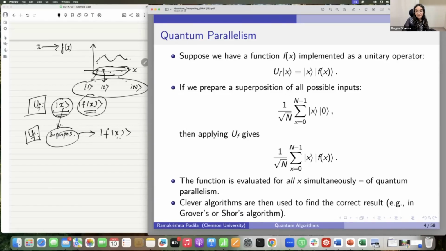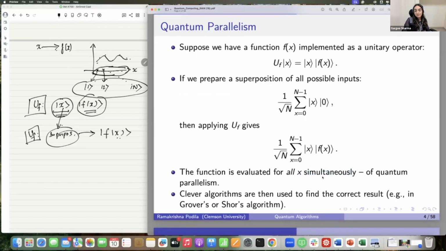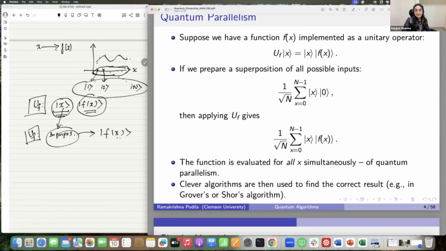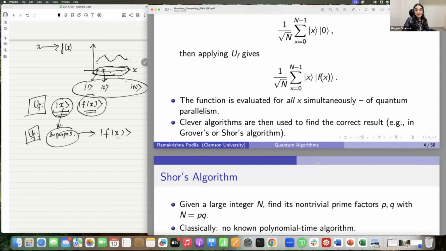All these f of x values are simultaneously, quote unquote, copied in this particular state vector f. So that's the idea. We'll see at least one example of how this is done, and then you can use some algorithms to extract the correct answer.